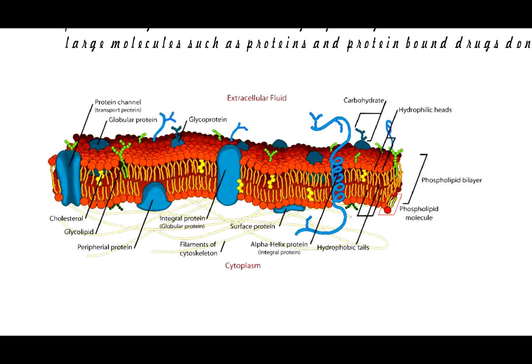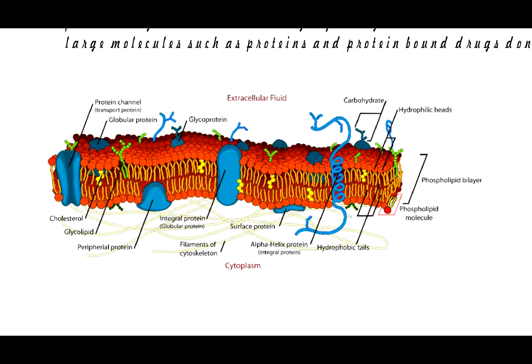Structurally, the cell membrane consists of a phospholipid bilayer, in which the hydrophilic ends are on the outside and the hydrophobic tails are in the middle, on the inside. The plasma membrane encloses many cell organelles like mitochondria, endoplasmic reticulum and so on.